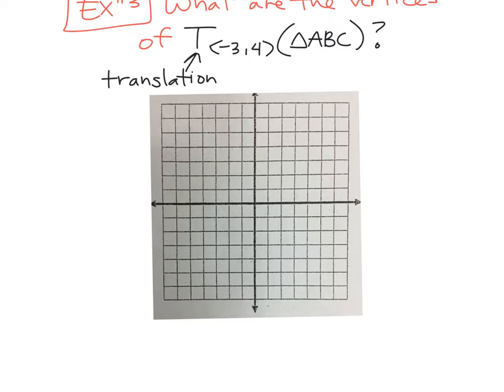So if my ABC is 3, 3 is your A, 5, 1 is your B, and then 1, 0 is your C. Okay, so let's say we start with this triangle.